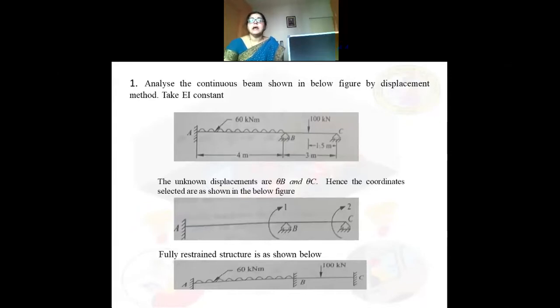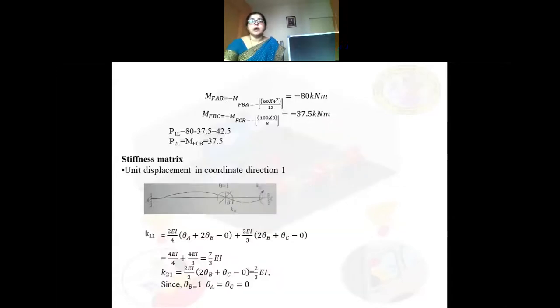If I have taken one as clockwise, the other I have taken as anti-clockwise, hence it is negative. So MFAB is equal to minus MFBA, that is equal to 60 into 4 square divided by 12. If MFAB is positive, then MFBA has to be negative. When I do this calculation, the answer is plus and minus 80 kilonewton meter.